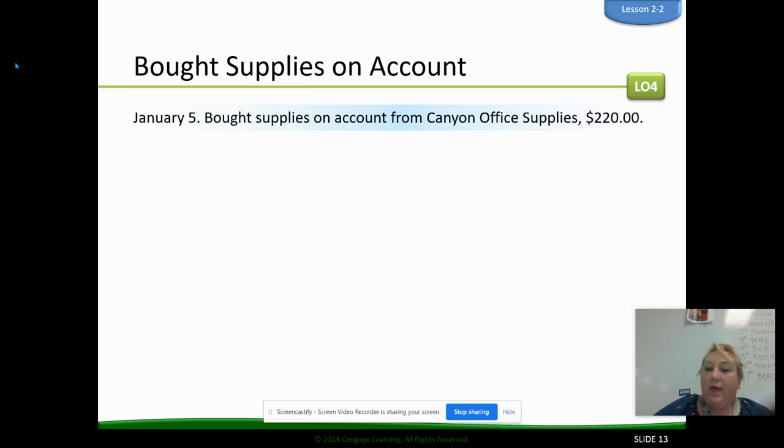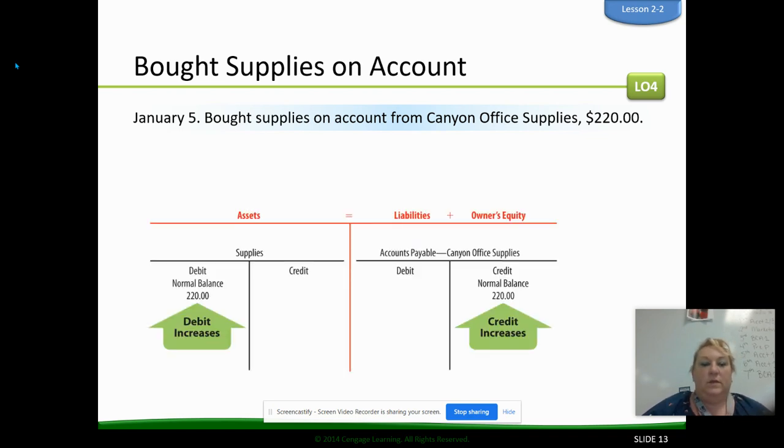So since I owe them, that means I owe them more. So that's my liability. So you're going to see there's my asset, supplies. It's going up as a debit. And here's my liability, my accounts payable, Canyon Office Supplies. And it's going up, and it goes up on the credit. So there's my plus equals plus and my debit equals credit.